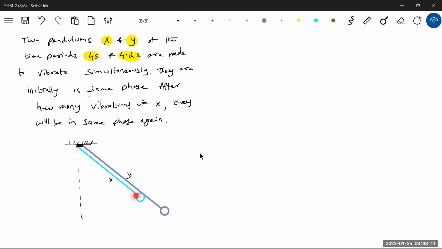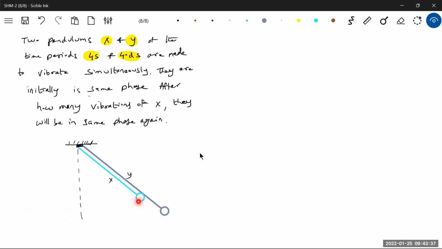When X completes one vibration, one vibration meaning one cycle, Y would not have completed, somewhere maybe just about to complete. Both are initially released from the same position.